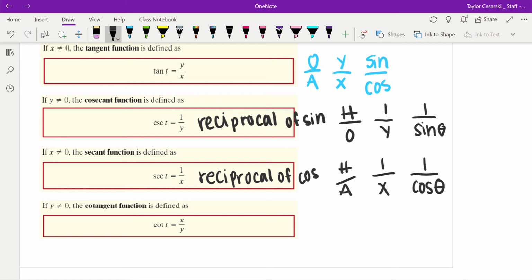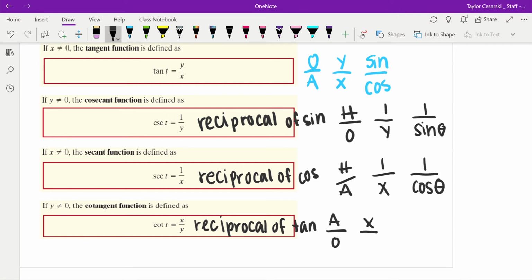Lastly, we have cotangent, and again, y, my denominator, cannot equal 0 because we can't divide by 0. This is also the reciprocal of tangent. So that would be adjacent over opposite. My adjacent is x.